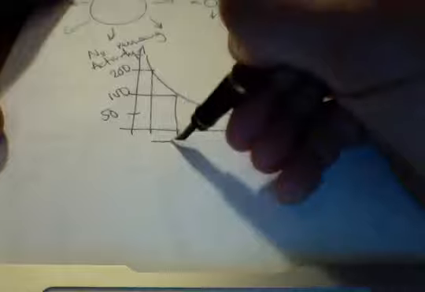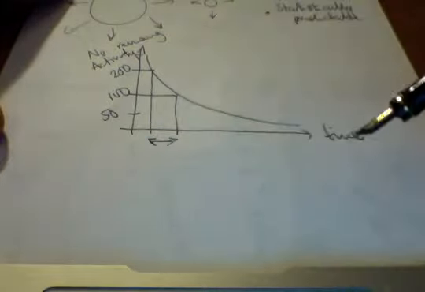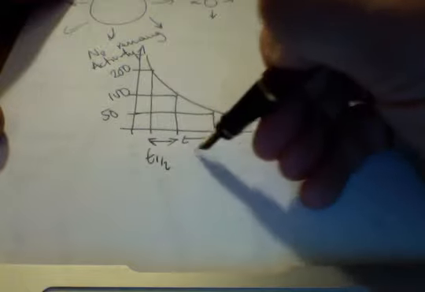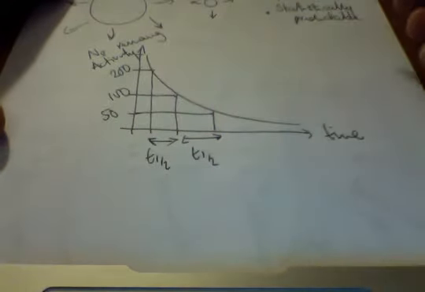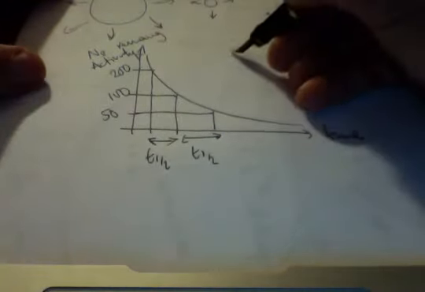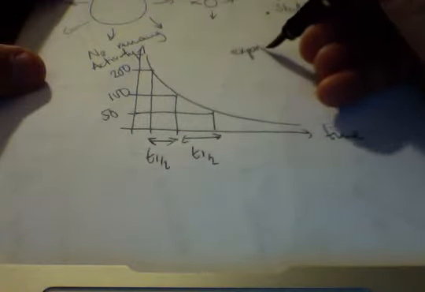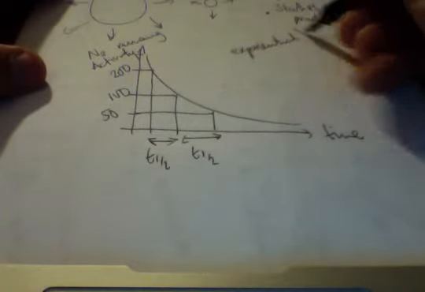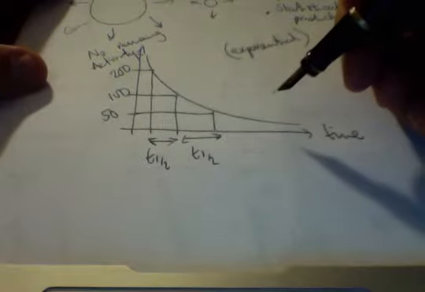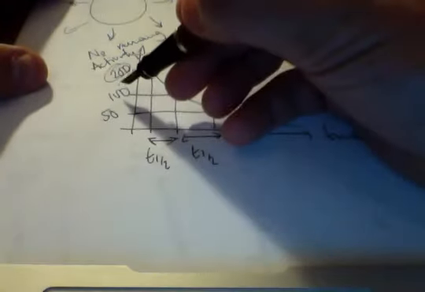Whenever you look to half of the starting value, that time will be the same irrespective of your start point. I can start from 100 and go to 50, and that time will still be the same. It's the nature of this type of graph, it's exponential. You don't need to know that, but that's the nature of the mathematics. So whatever starting point is, go to half of it, and that's the half-life of the material.